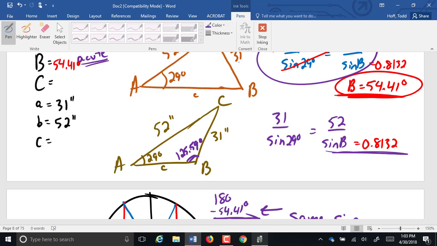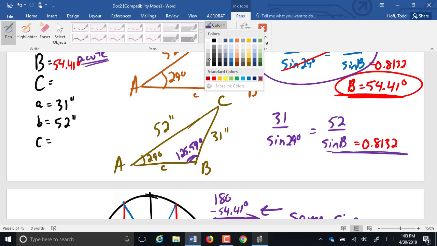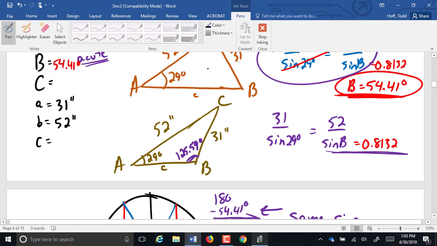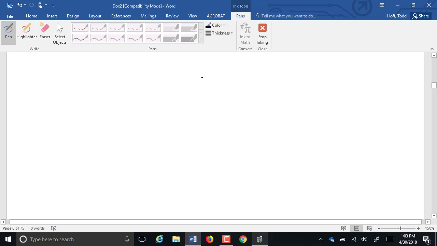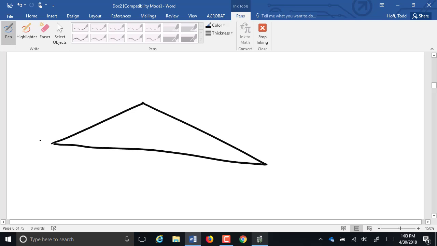What do you think? So I'm going to be nice in this one and give you a picture. Yes, from this picture, you can assume that angle C is obtuse.